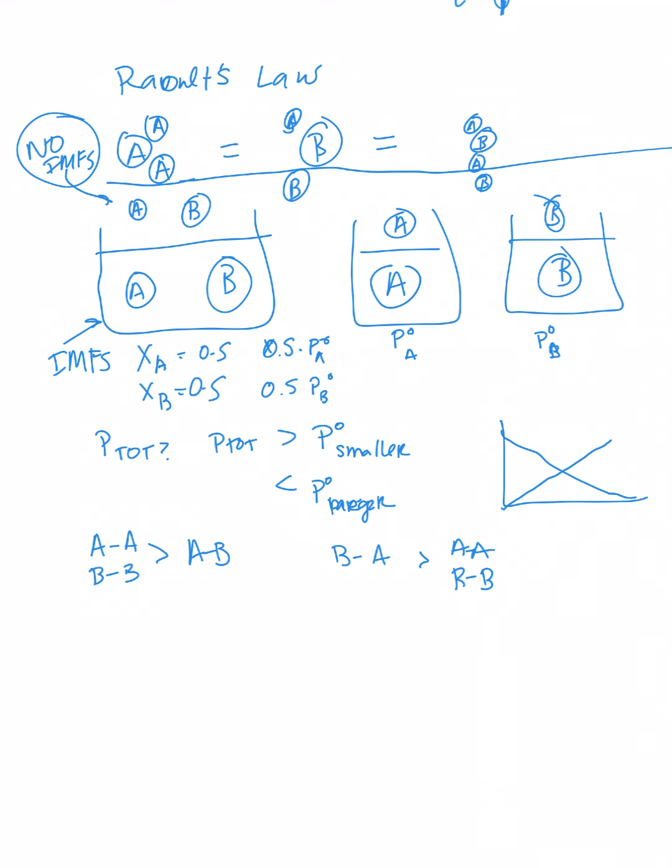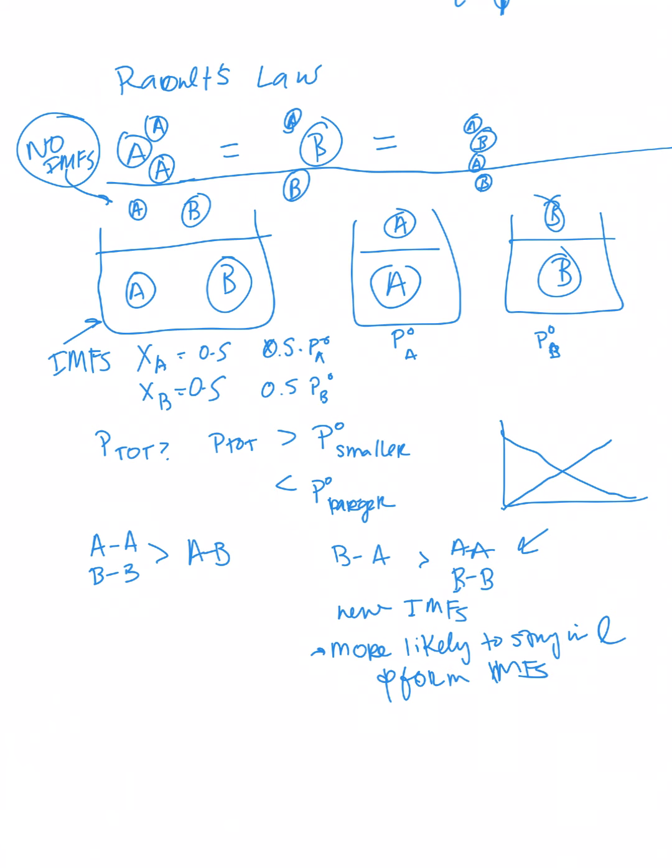So if we have a situation here on the right, our new IMFs are stronger than the IMFs between the individual liquids. What this means is that our molecules are more likely to stay in the liquid and form IMFs with each other.